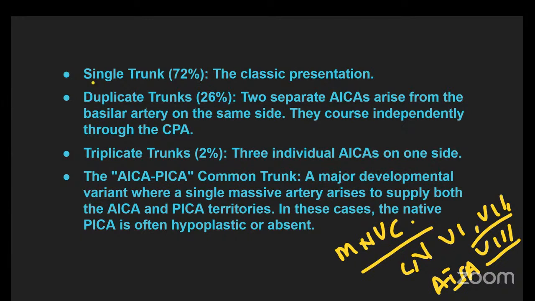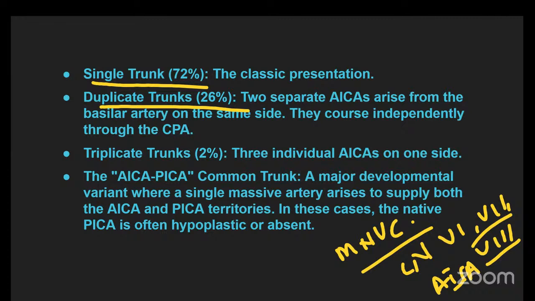It can have a single trunk. It can have duplicate trunks in roughly 26 to 30% of subjects. Very rarely, it can have triplicate trunks as well, trifurcating very early on as soon as it leaves the basilar artery.